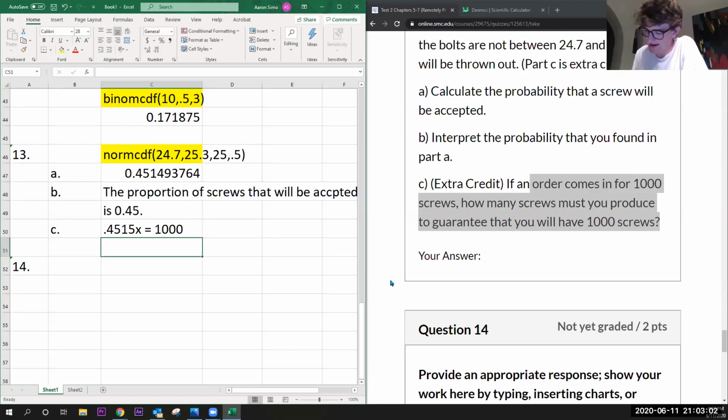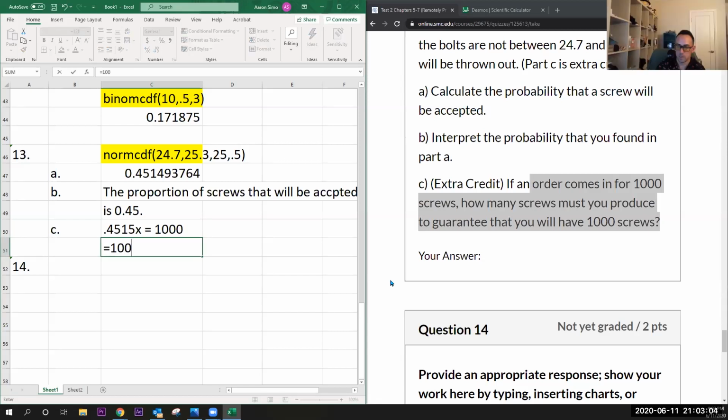And then divide, I guess. I would say x equals 1,000 divided by 0.4515. Actually, I would do divided by this, and that would give me the exacter answer. You need to make 2,215 screws.